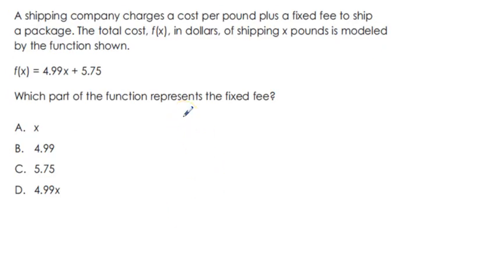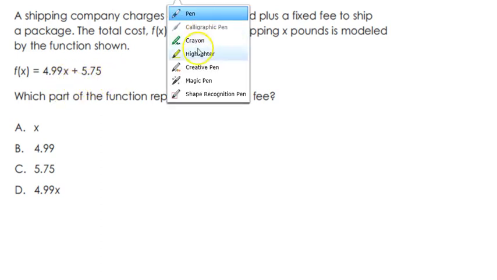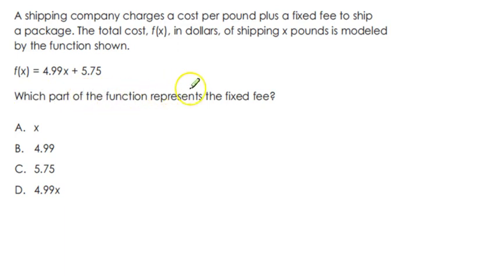A shipping company charges a cost per pound plus a fixed fee to ship a package. The total cost, f of x in dollars, of shipping x pounds is modeled by the function shown. And we have f of x equals 4.99x plus 5.75. What part of the function represents the fixed fee? This is very similar to the last question we just had.